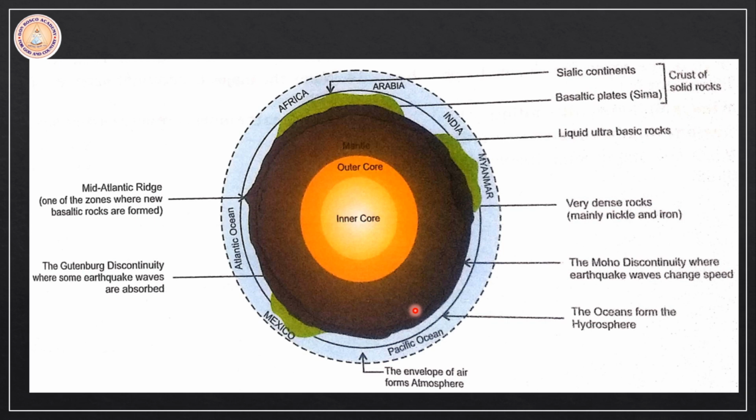This layer has been located through the decrease in velocity of earthquake waves, so it is referred to as the low earthquake velocity zone. This is because when an earthquake occurs, different waves begin to travel from the crust towards the center of the earth.